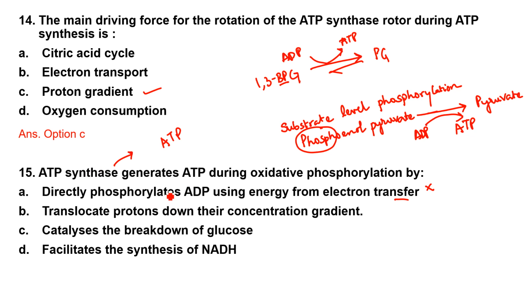When the protons are getting translocated down their concentration gradient, that is coupled to ATP synthesis, right? The energy released from electron transfer was used for transporting the protons from the matrix to the intermembrane space, but ATP synthase is using this concentration gradient of protons for ATP synthesis. So option B is correct, right?